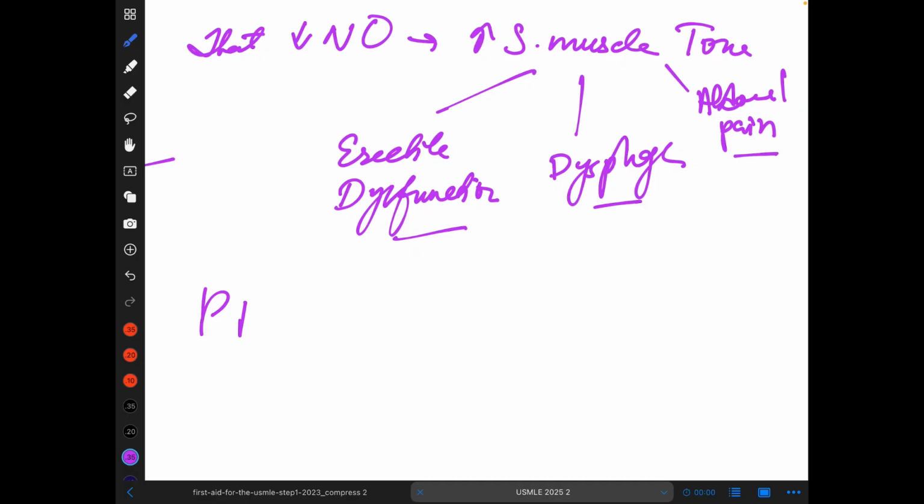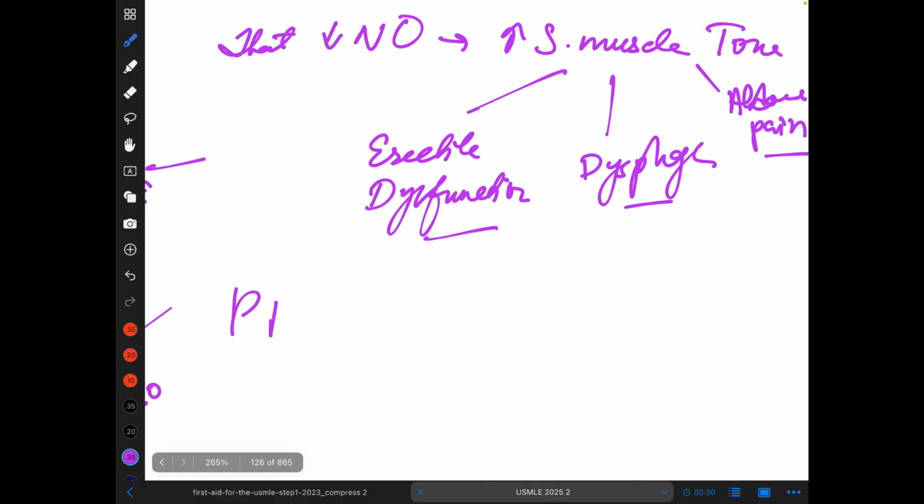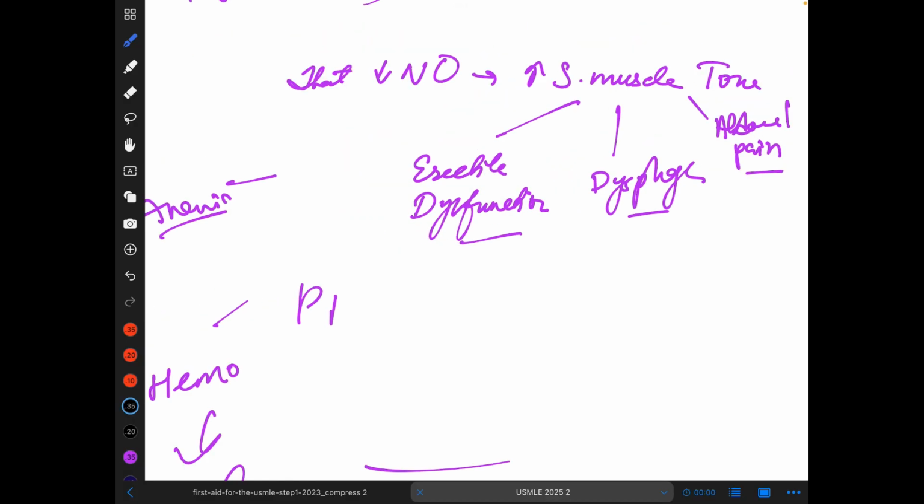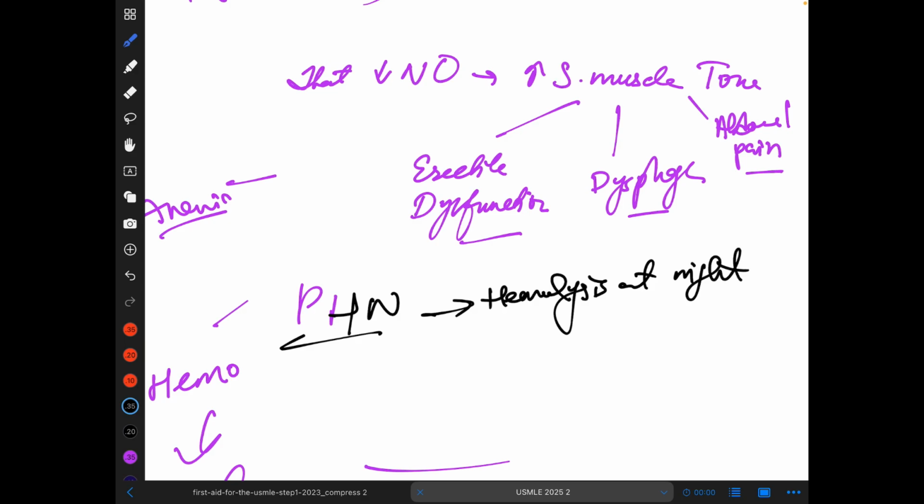Paroxysmal nocturnal hemoglobinuria classically causes sudden hemolysis at night. Fatigue and dyspnea are the features of anemia.